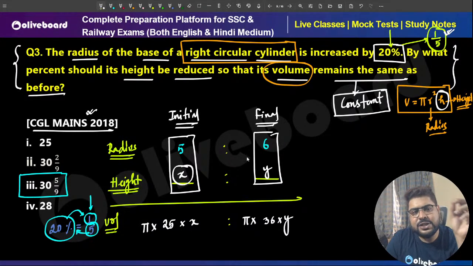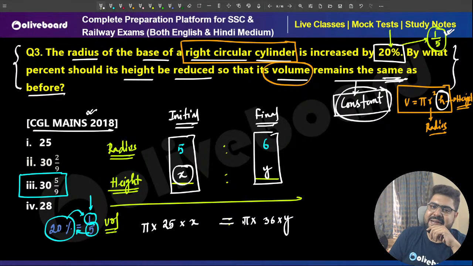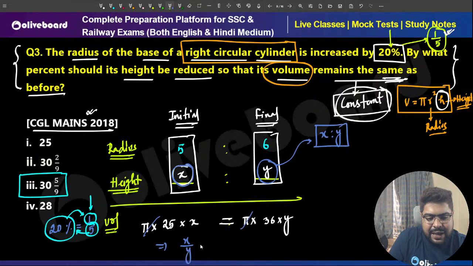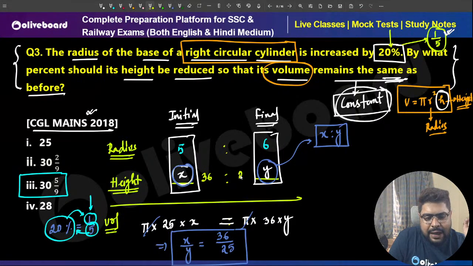Extremely sorry, I said 25 earlier, I meant 5 square. If these two are equal, since the volume remains the same, what I need is the ratio x by y. Pi cancels. x by y is 36 by 25. That means if x is 36, y is 25.